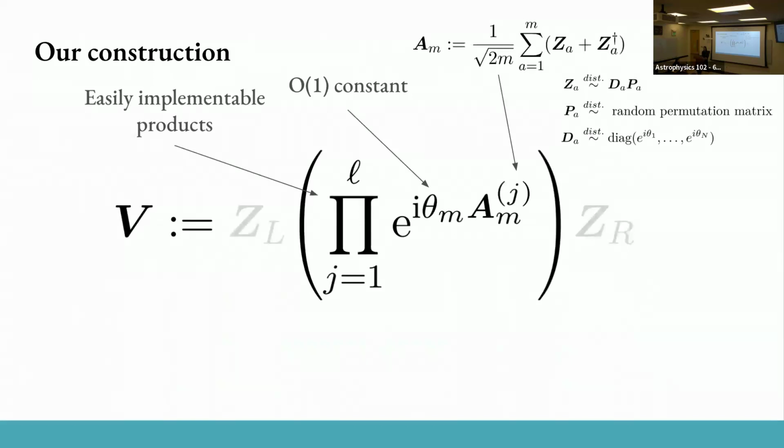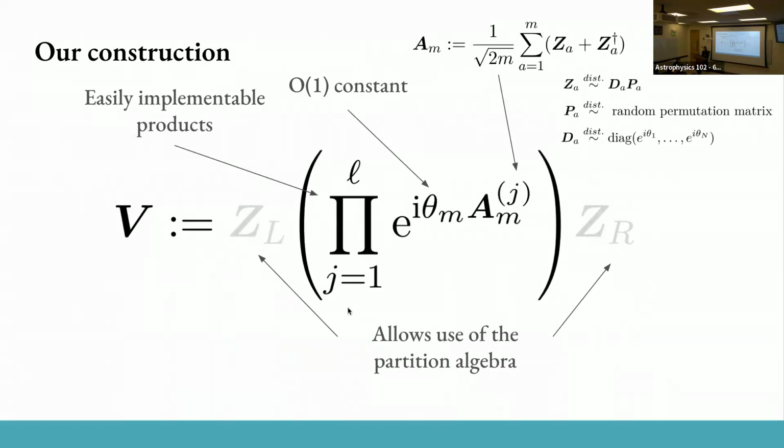And then we're taking a bunch of products of these. Before we only had 2, and now we're getting more by taking more products. And finally, these Z's are also distributed the same as these Z's up here, meaning it's just a diagonal matrix, random phase, and a permutation.